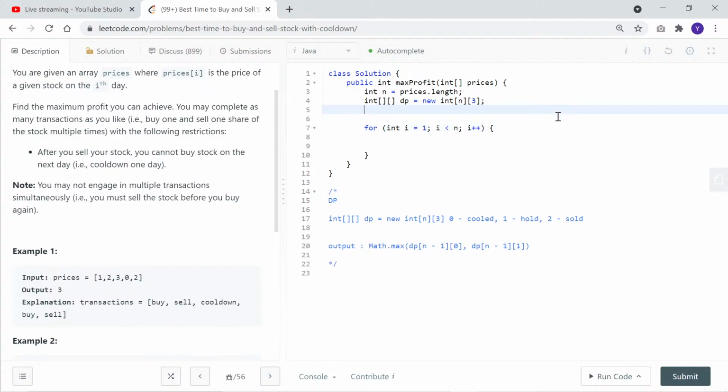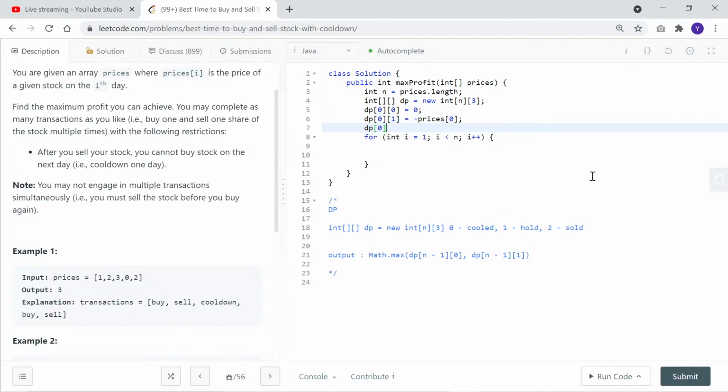So we need to initialize those three states. dp[0][0], which is cooled, is 0, so we don't have any profit. dp[0][1], the hold: if we bought on the first day, then we have the stock, but our profit is negative because we have just spent money.